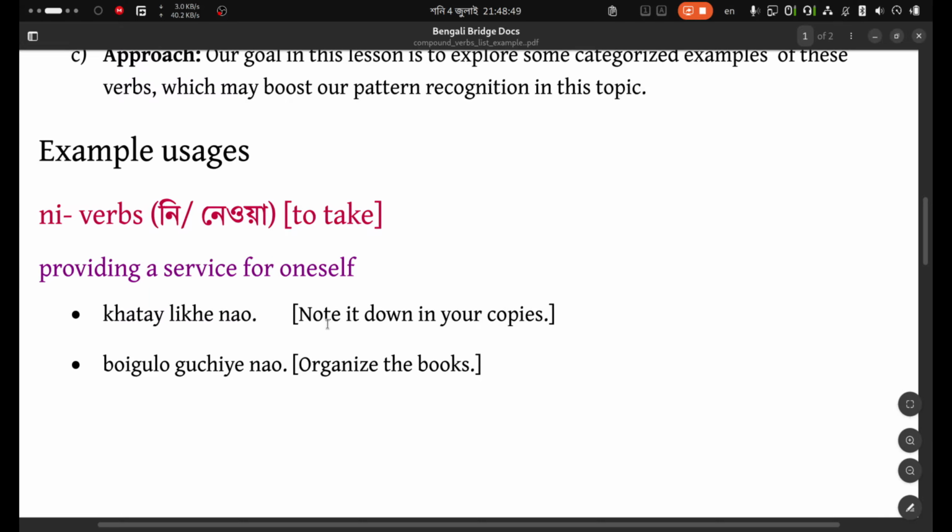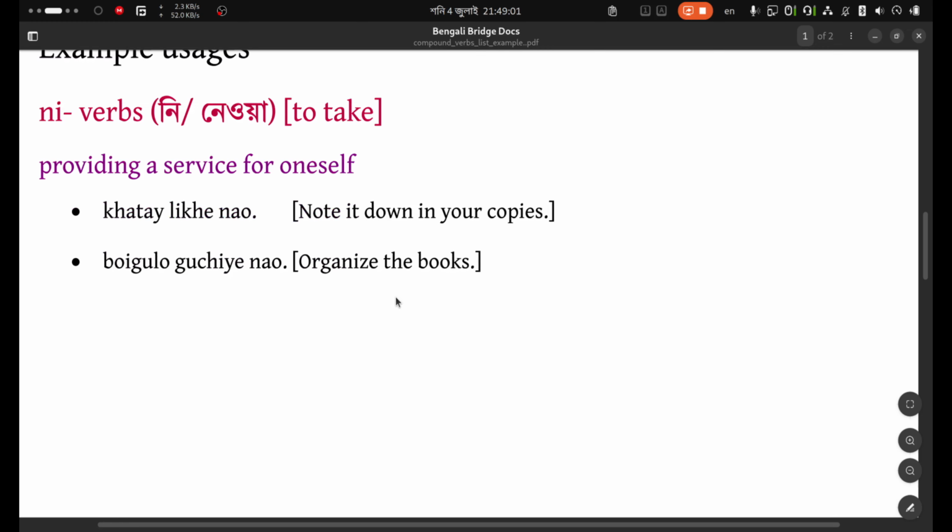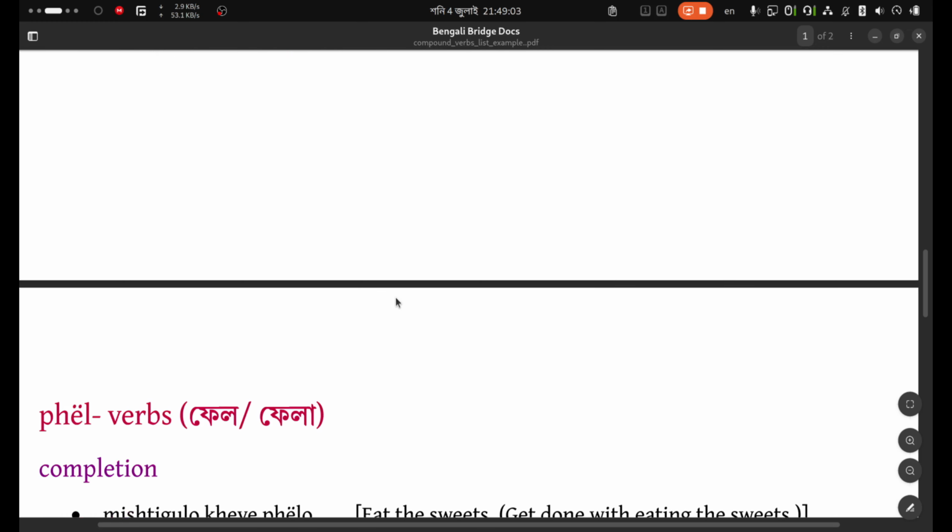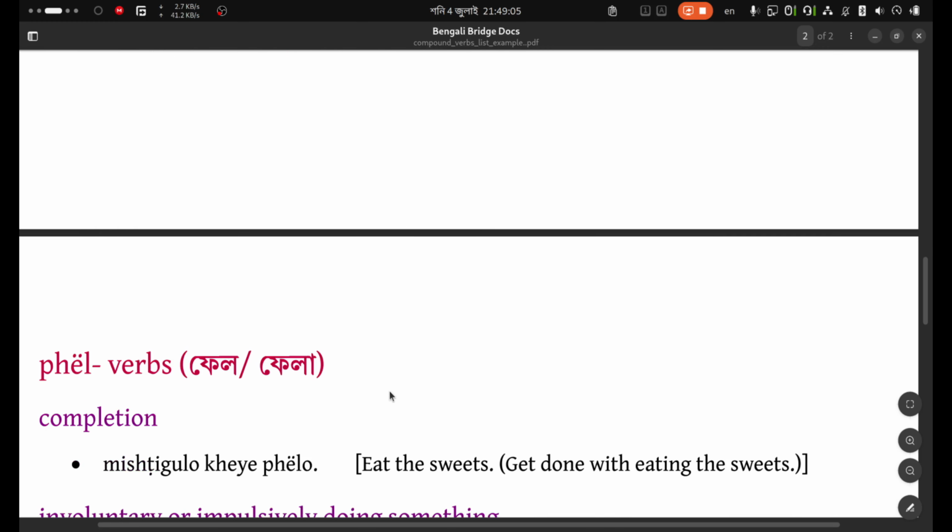This verb and this group of now verbs does not have any other meaning as far as I know. But in the next examples, you will see multiple types of nuances.